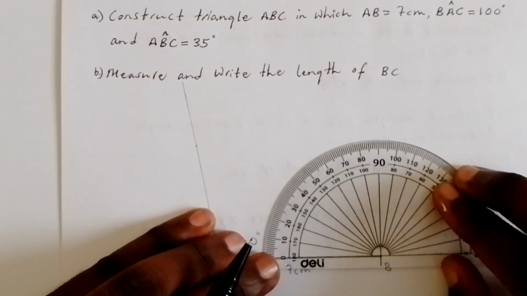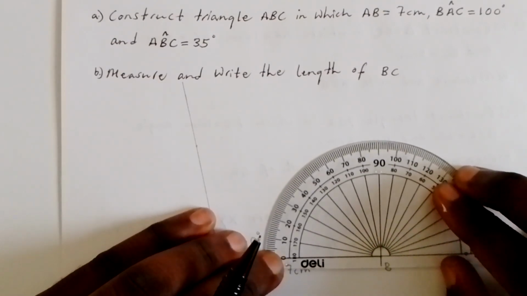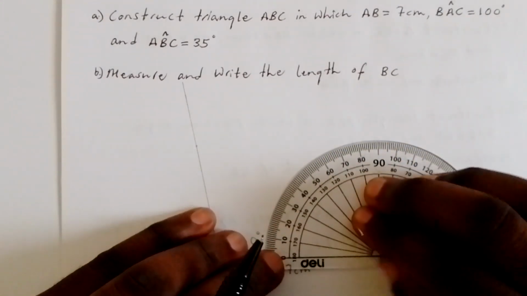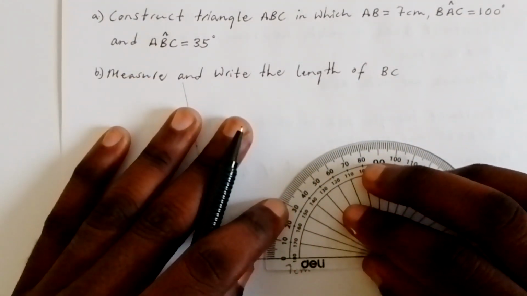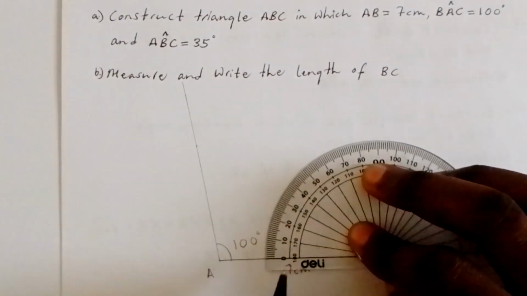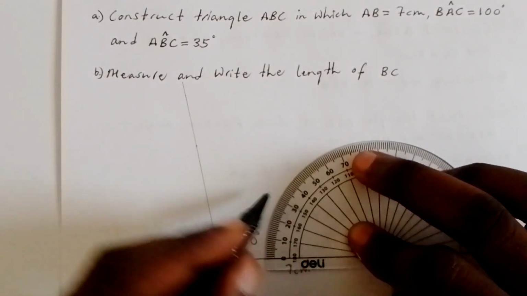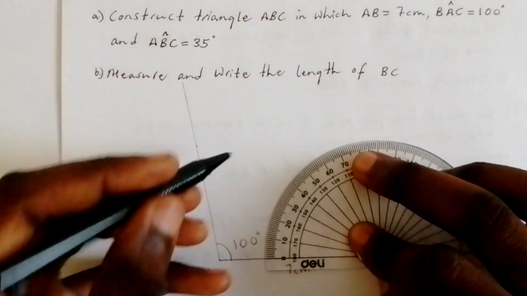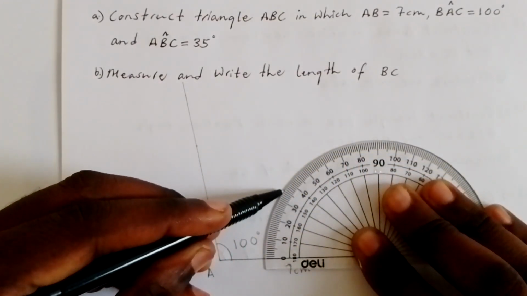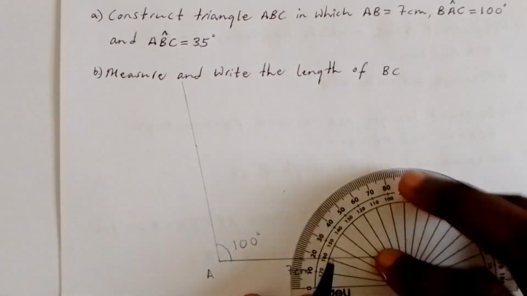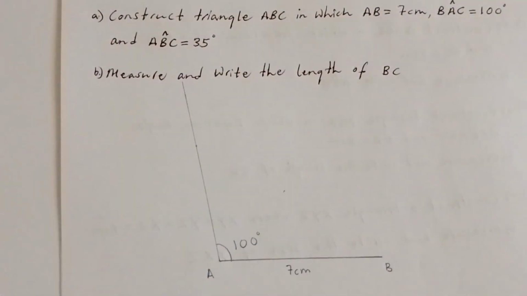The center point is here. And then you draw 35 degrees. 0, 10, 20, 30, 35 is somewhere here. There. So you put a dot like that.